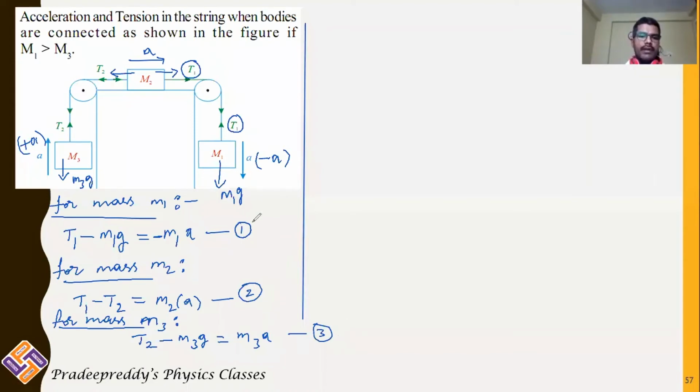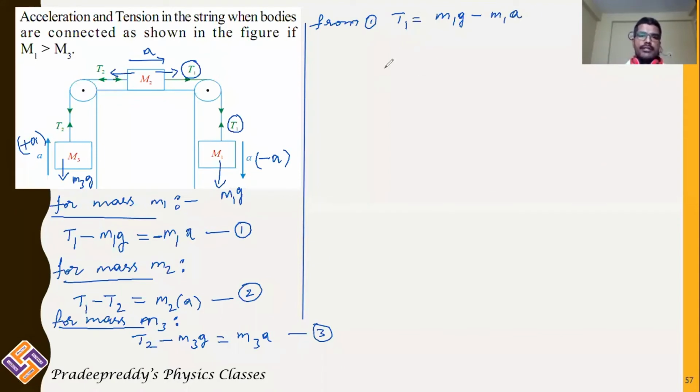First, let us take equation 1 and substitute in equation 2. From equation 1, we can write T1 is equal to m1g minus m1a.